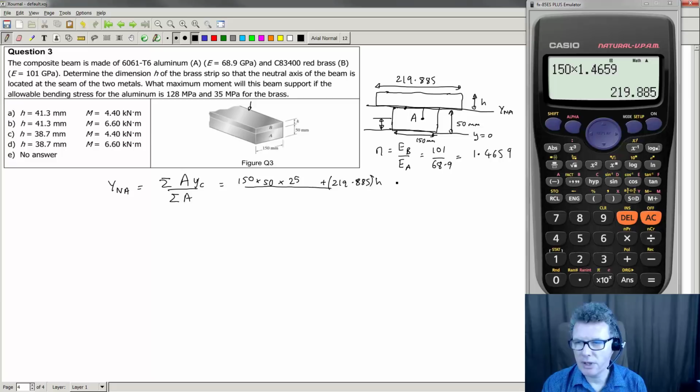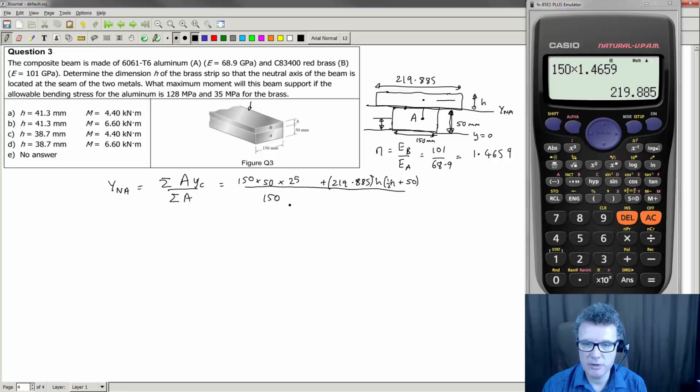And its centroid is going to be based upon half h plus 50. So half that h plus this distance from here to here gives the centroid location. Now let's divide this all by their areas.